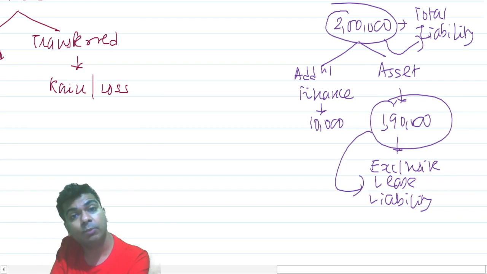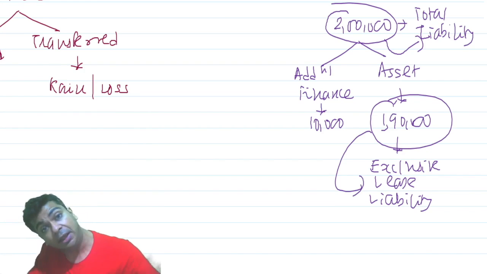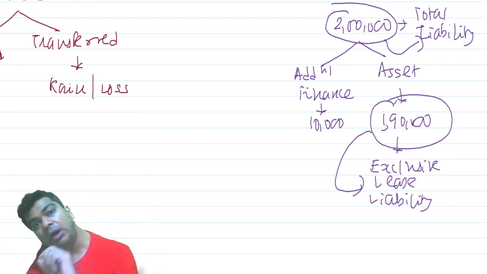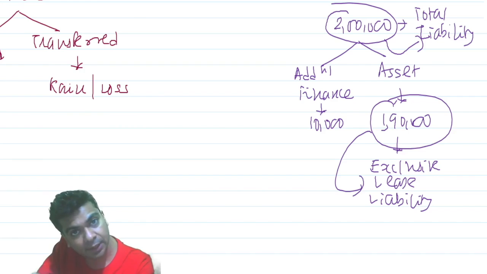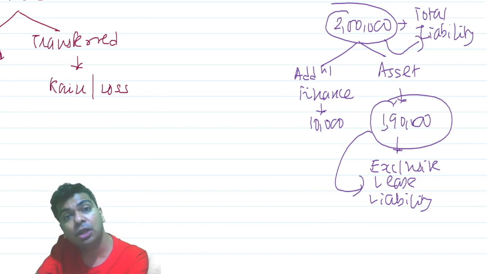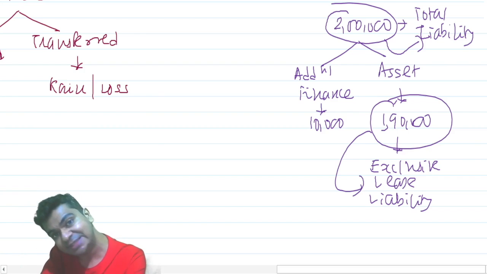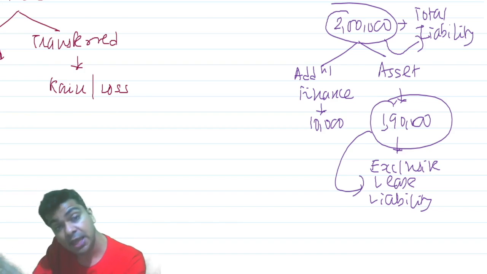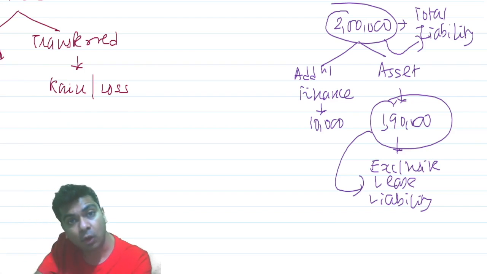We know that in the books of the lessee, ROU asset will be recorded at cost. Recall, what is cost of ROU asset? Cost of ROU asset is the present value of the lease liability plus any initial payments that you are making to the lessor, minus any initial incentives that you are receiving from the lessor, plus any direct cost incurred for effecting the lease, plus present value of any dismantling costs, right?